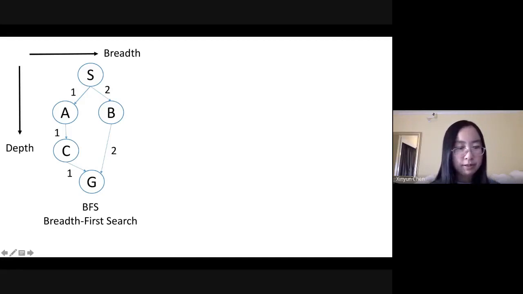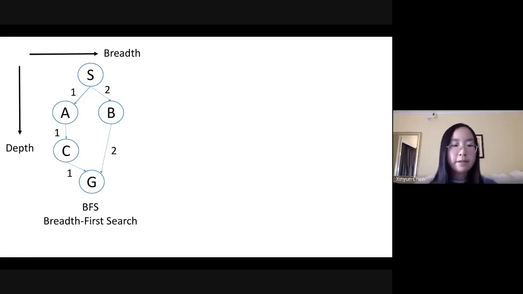Breadth just means that for each depth of the graph. For this example we have 2 special nodes. One is S, the start node. One is G, the goal node. Then there are several nodes between S and G, and our goal is to find a path with the shortest cost from S to G.